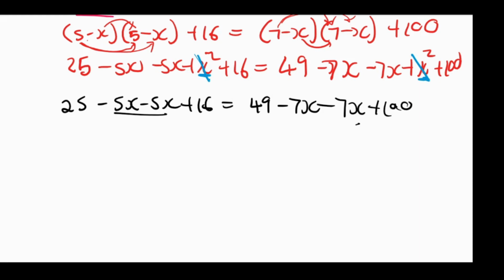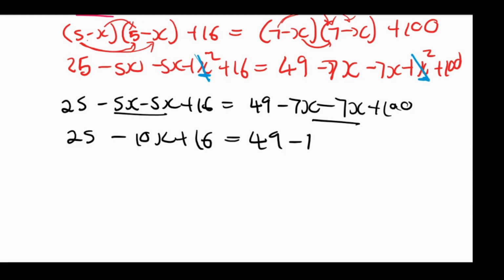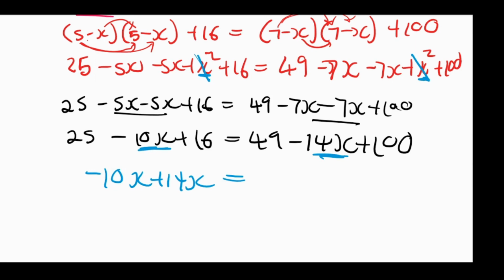Let's add these like terms. It's going to be 25 minus 10x plus 16 equals 49 minus 14x plus 100. Now we add the like terms: minus 10x plus 14x equals 49 plus 100, and then you transpose the 25 and the 16 to the other side, so we have minus 25 minus 16.